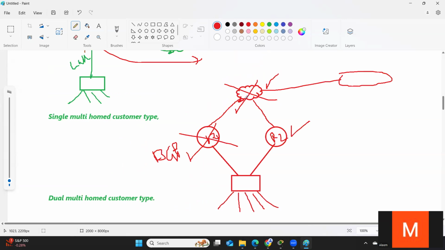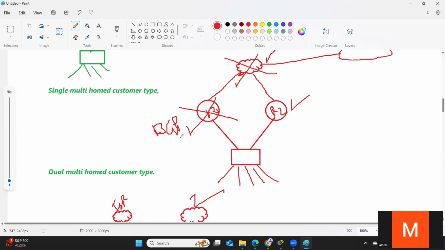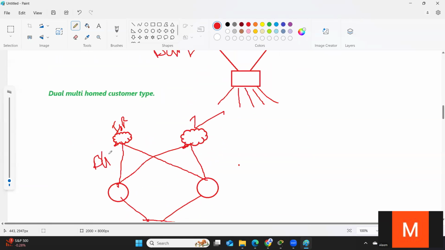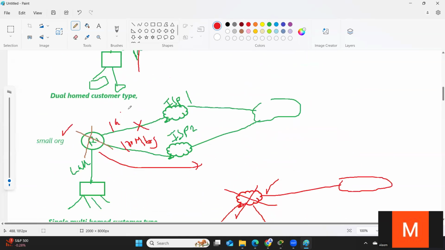Here, if one ISP goes down, we have a dependency path through a different ISP. This is the dual multi-homed customer type. These are all the customer types, and mostly we will use the BGP routing protocol in this scenario. And these are all small organization network types.